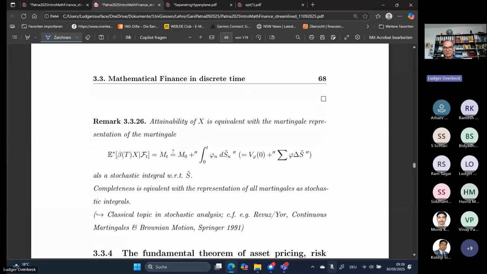Just this remark which I have made before: attainability of a claim X is equivalent with the martingale representation of the martingale. So this gives you a martingale anyway.